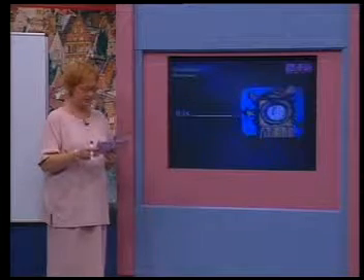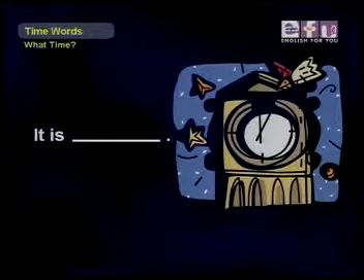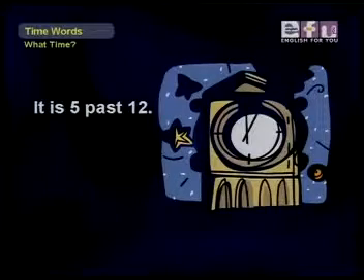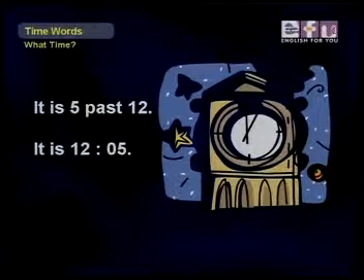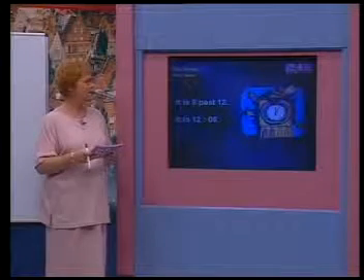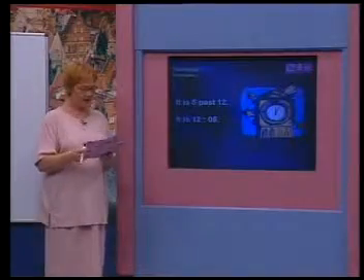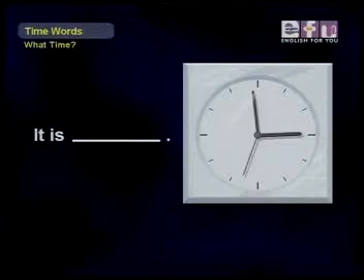Okay, Lisa, back to you. It is 5 past 12. It is 12:05. All right, it is 5 past 12. Lisa, is it midnight? Yes, it is midnight. Okay. All right, Isabel, the next one for you. It is 3 o'clock.